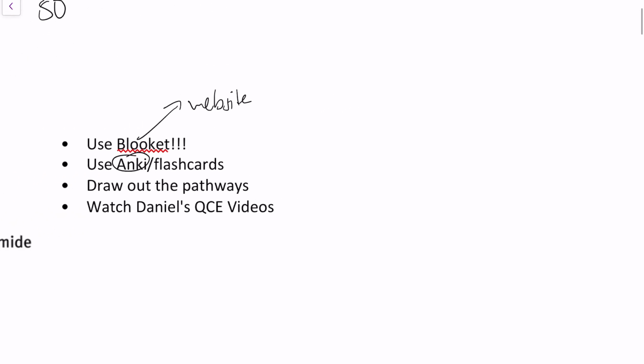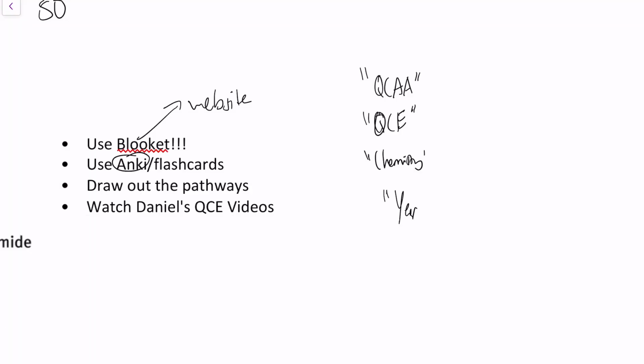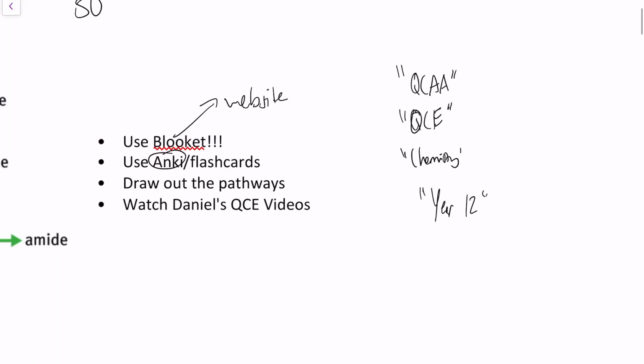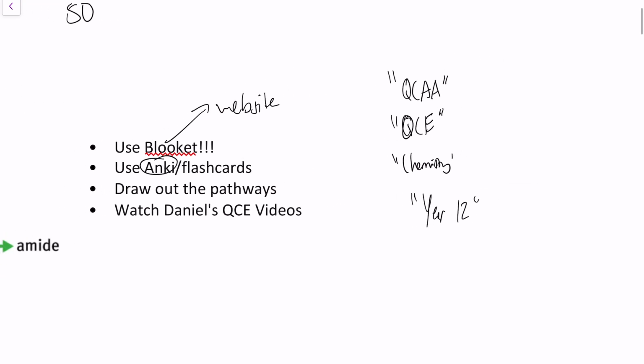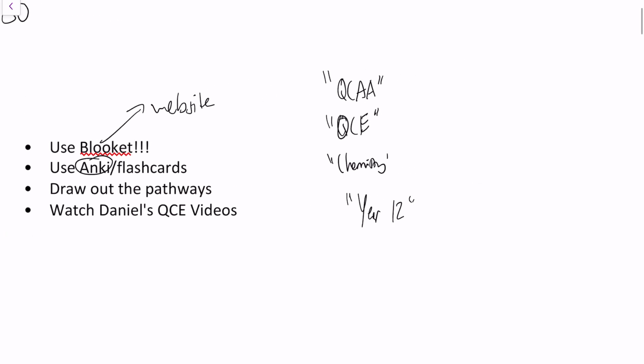So those are the types of words to put into your search bar: QCAA, QCE, chemistry, year 12, and those sort of things will help you find what you need to find. Or just any app or website that makes flashcards or has those pre-made flashcards to save you time.